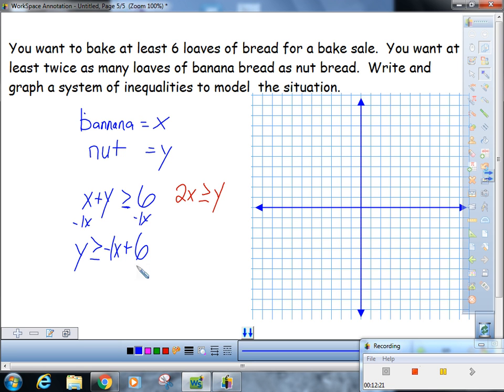Y is greater than or equal to negative 1x plus 6. 1, 2, 3, 4, 5, 6 is my y-intercept. My slope is -1. It's filled in. Okay?